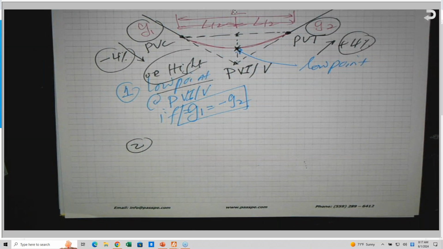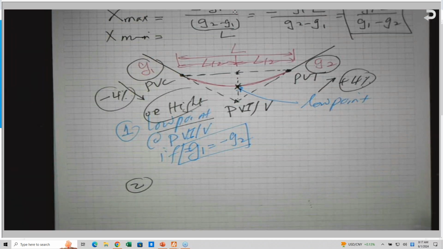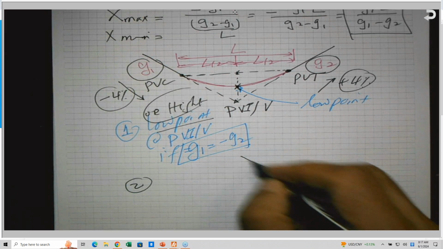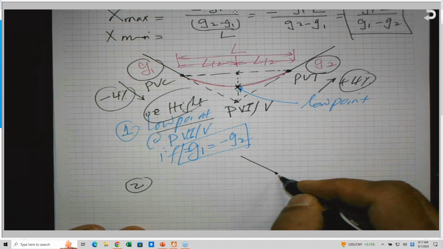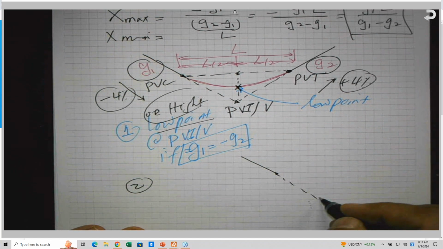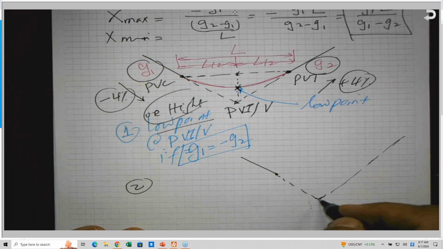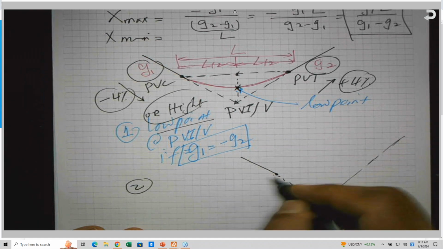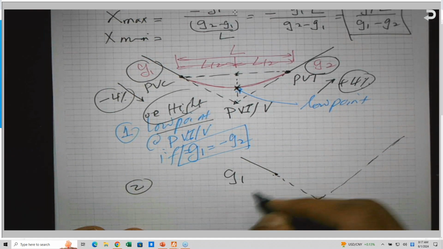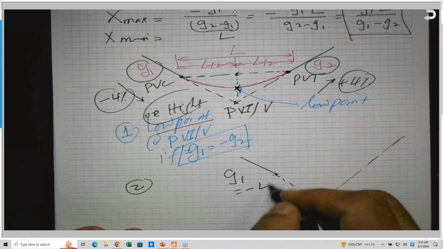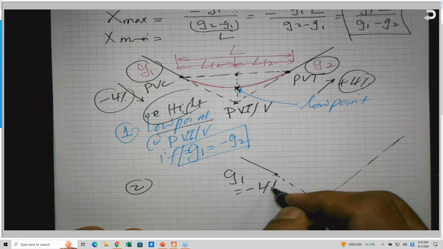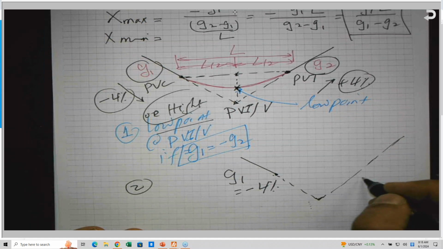Okay, the case number 2, which is related to the question, but I just made this introduction here. If the grades are different, let us, for example, this one here, this is a G1, which is assumed negative 4%, and this here is a plus 3%.